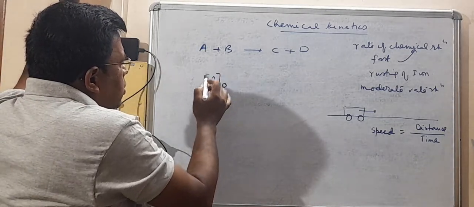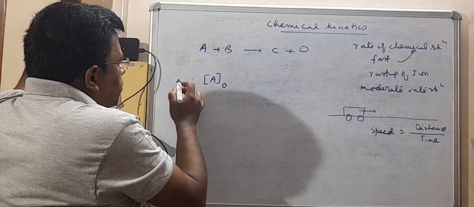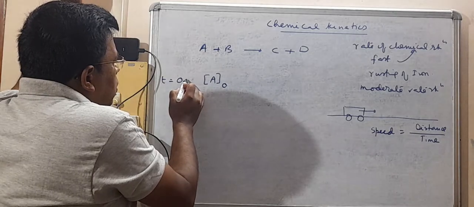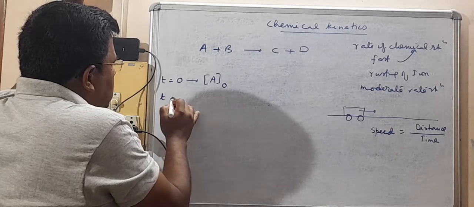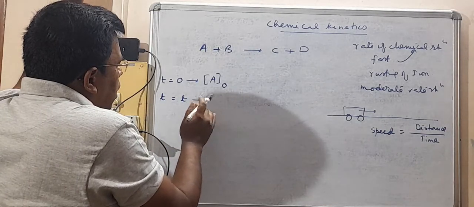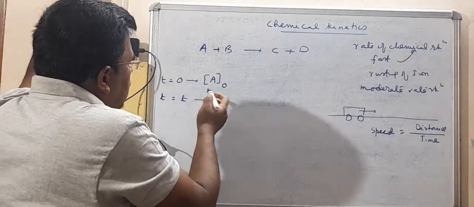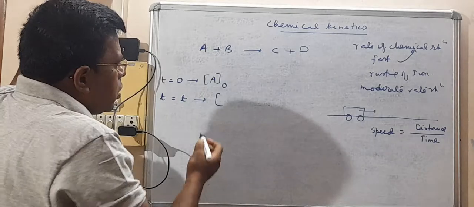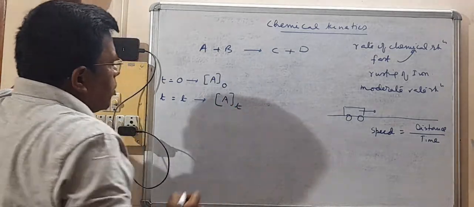So at T equal to 0, the concentration of A is A naught, and at T equal to t, that means after some period of time, the concentration of A will definitely be changing. Suppose it is [A]t.